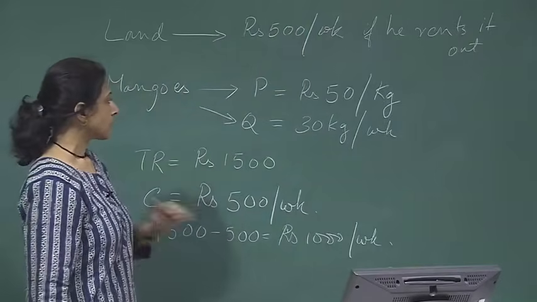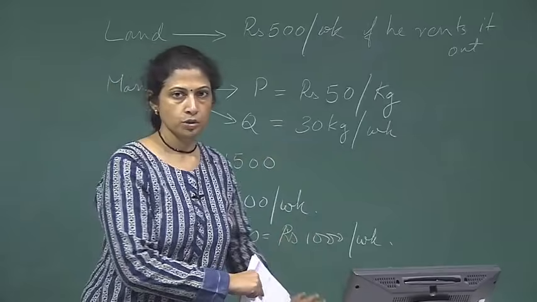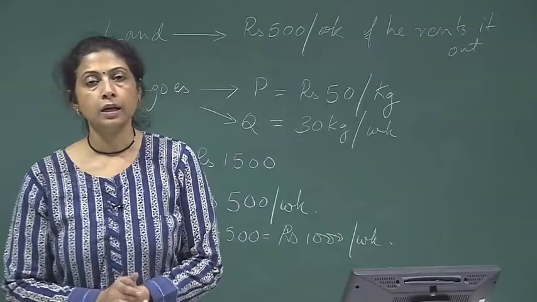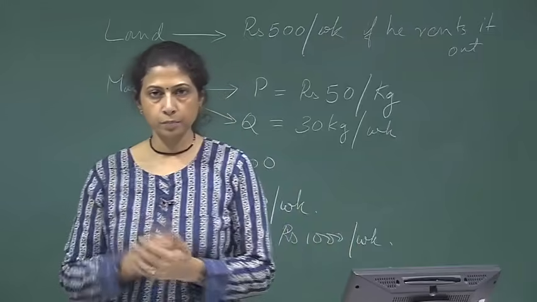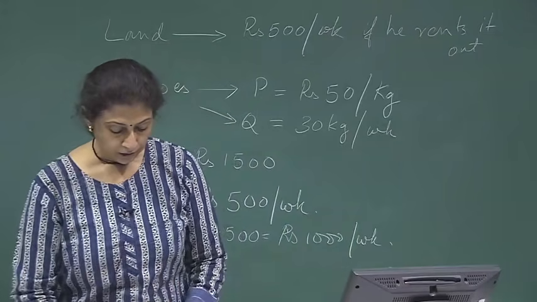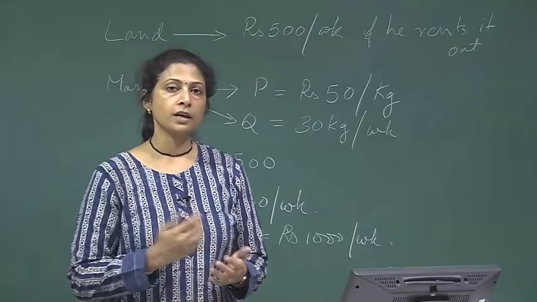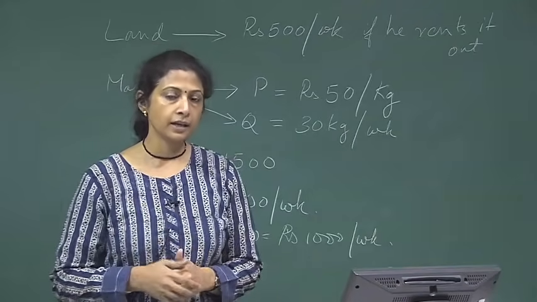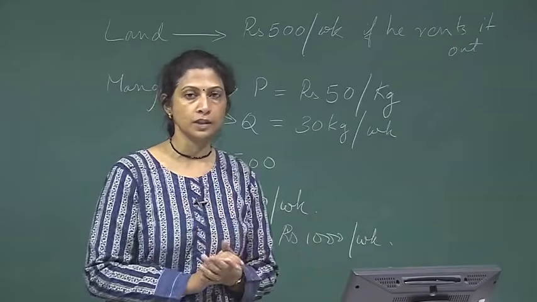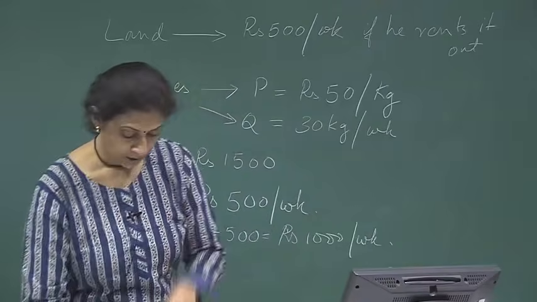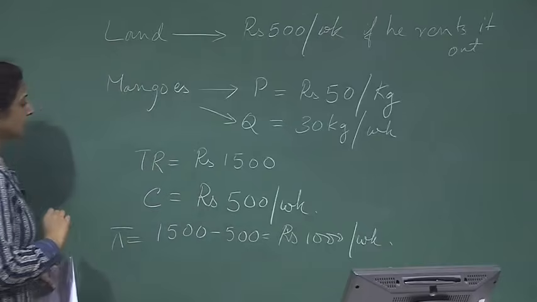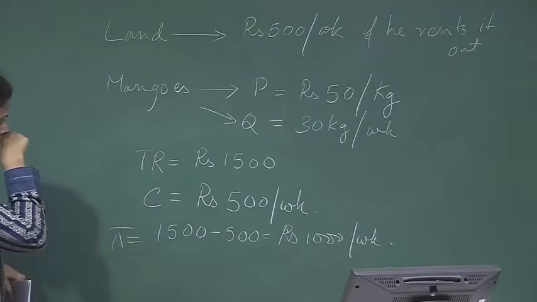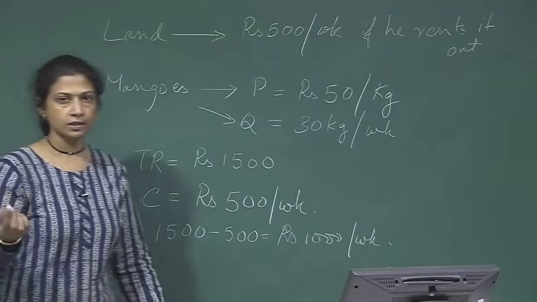And say for example, now given this situation, the person knows that there is a nearby shop which is hiring people, and this shop is going to pay him rupees 100 per day if he decides to work over there. Assume the shop is open for 6 days a week.